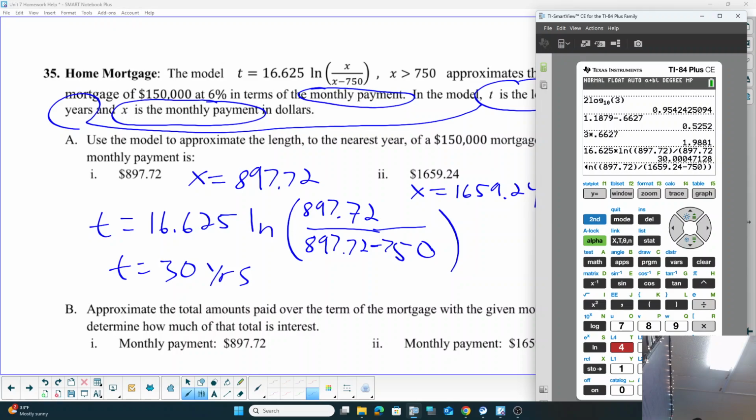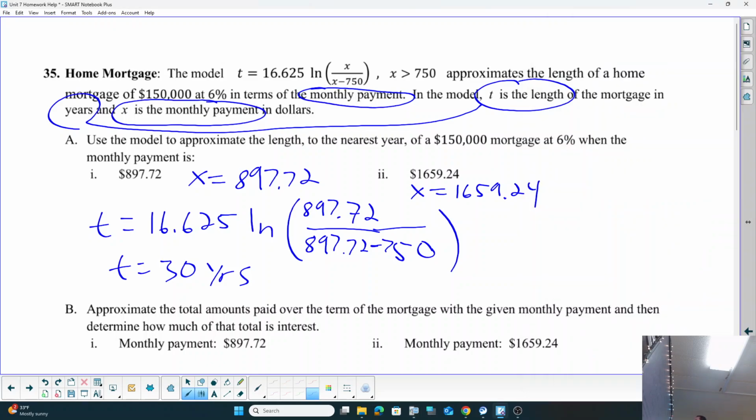Second insert, second delete, second insert, 1, right arrow, 659.24. Plug it into your calculator. You should get a number that's between 5 and 15. That's my hint. So go ahead and push enter and tell me what you get. T equals how many years? Give it a try.